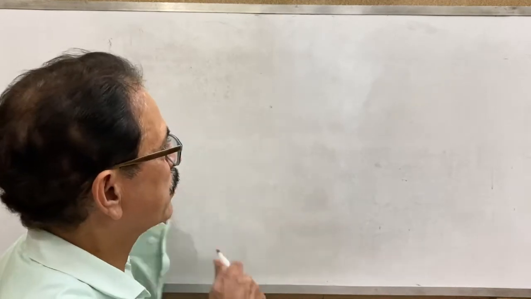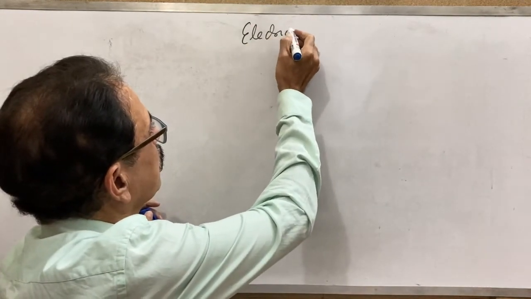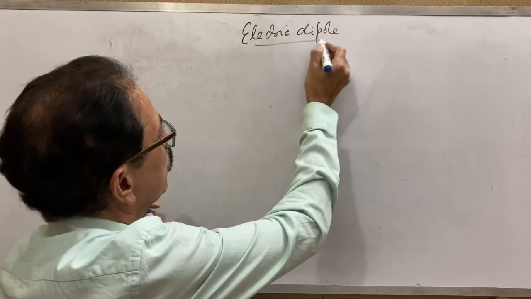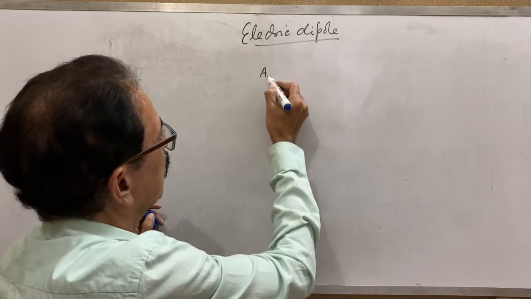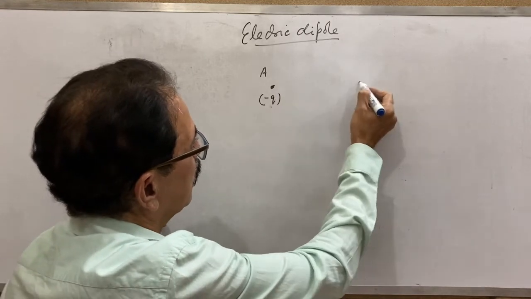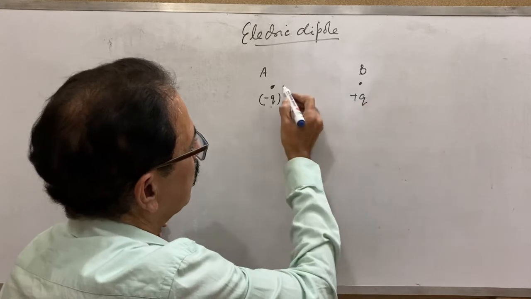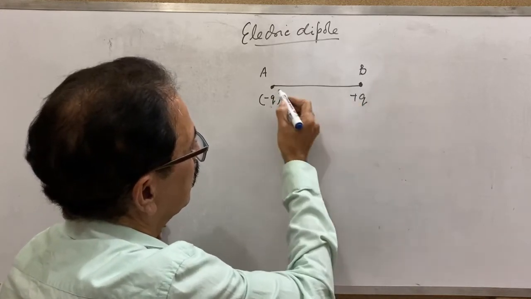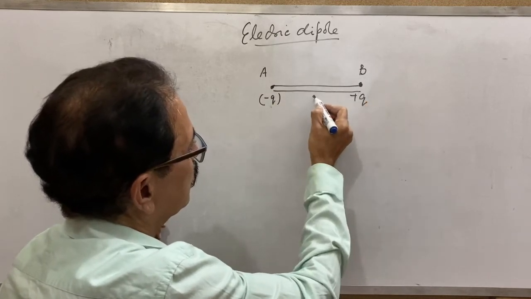Let us suppose we have two charges. One is minus q charge at A and second is plus q charge at B. These two charges are separated by a distance 2a.